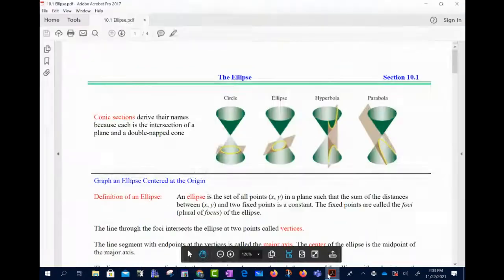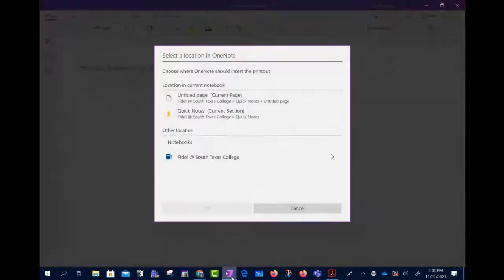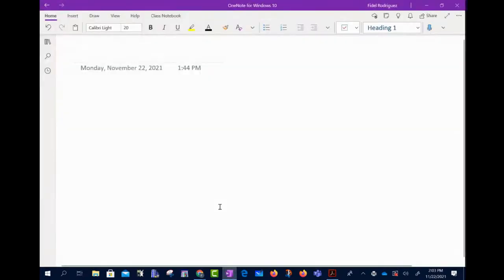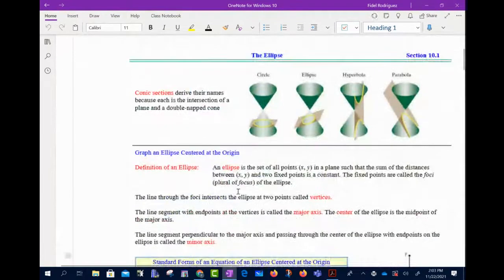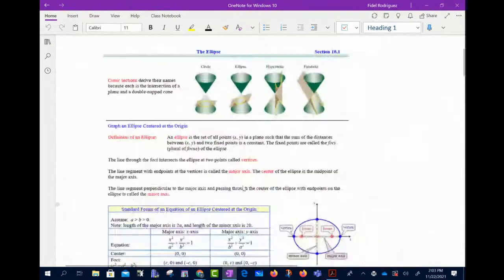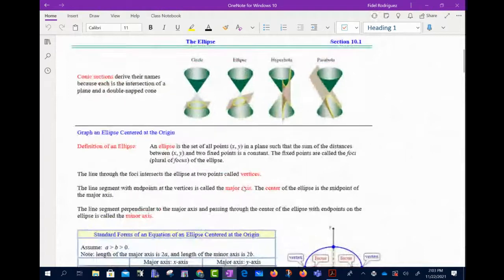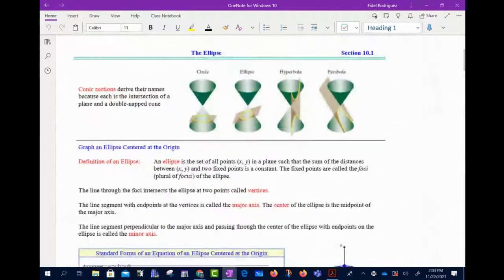Okay. All right, so let's get started here, y'all, on 10.1, which is, again, the ellipse.